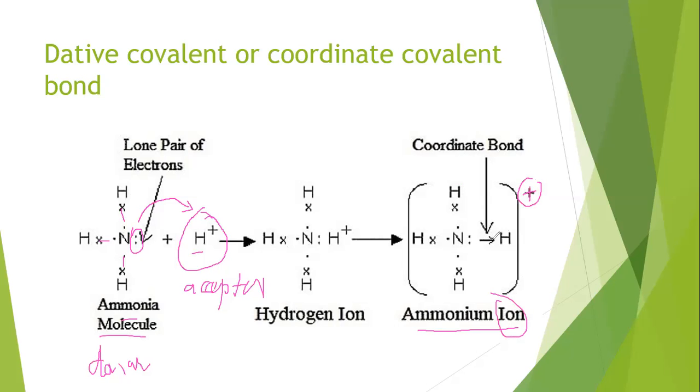The coordinate bond is represented as an arrow, with the tail towards the donor atom and the head towards the acceptor atom. So this is the coordinate covalent bond between ammonia and proton to make the ammonium ion.